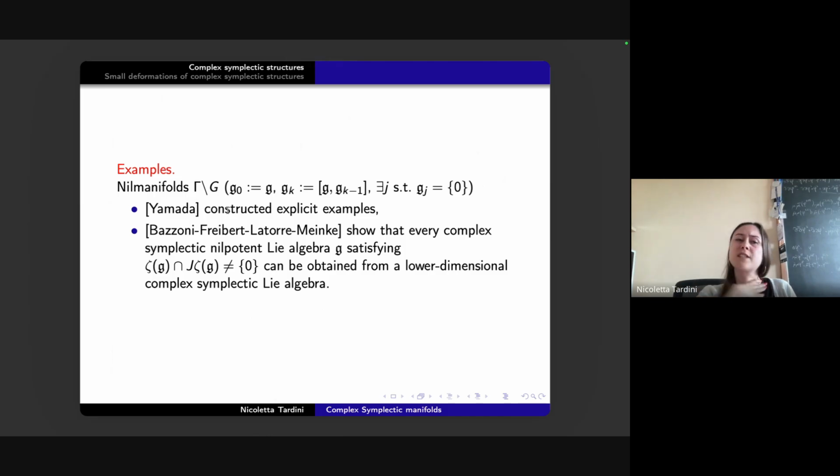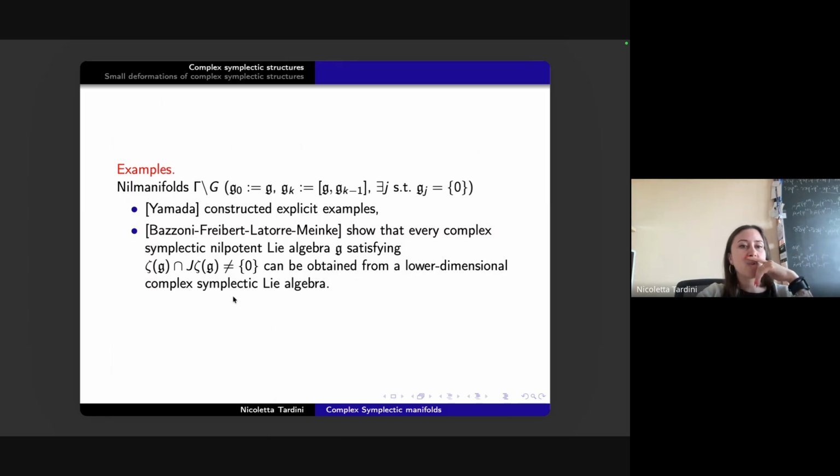I think some of the first examples I saw were constructed by Yamada, and then some years ago, Bazzoni, Freibert, Latorre, and Menke studied deeply the existence of complex symplectic structures on nilmanifolds in case the complex structure is invariant, which means that it essentially comes from a complex structure on the associated Lie algebra of the Lie group G. And so they studied complex symplectic nilpotent Lie algebras.